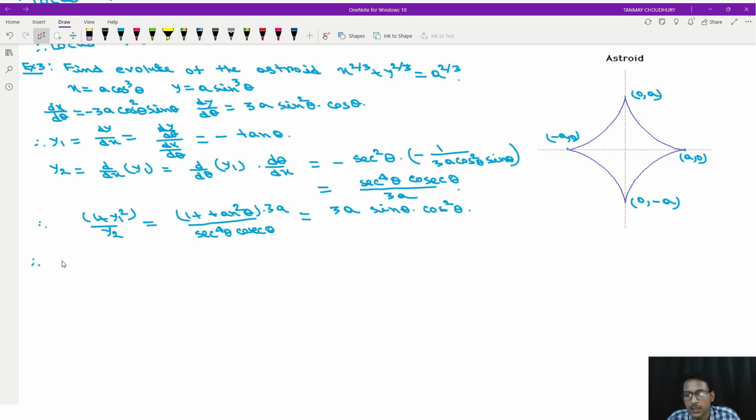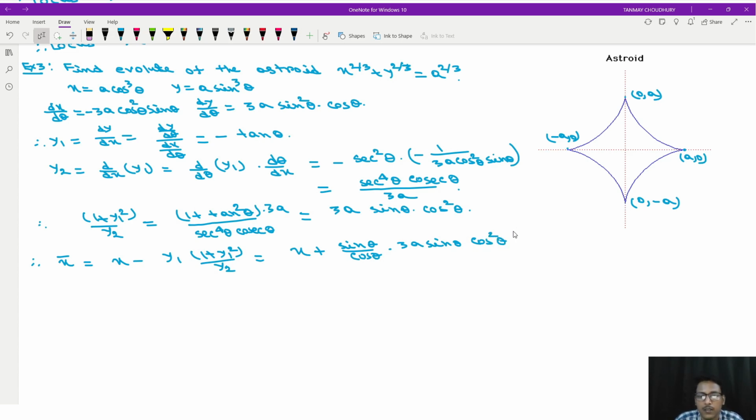Therefore x bar will be x minus y1 into the expression (1 plus y1 squared) divided by y2. So this is x minus y1, which was minus tan θ, so this is plus sin θ by cos θ into 3a sin θ cos² θ.